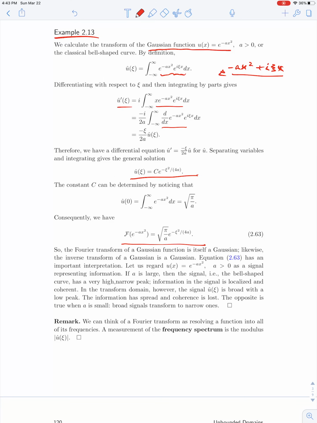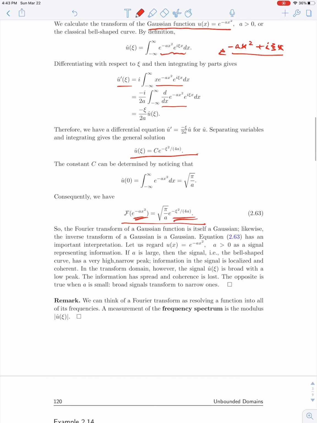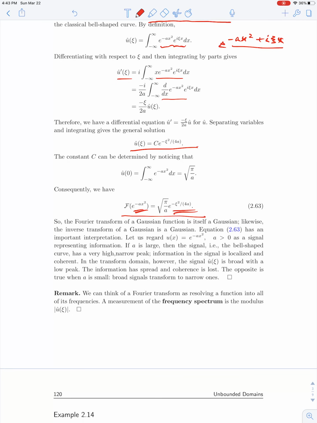So what is remarkable, which is one of the reasons why the Gaussian function is so useful, is that the Fourier transform of a Gaussian function has a form where the right-hand side is also a Gaussian function, but with different constants. That is an important property of the Gaussian function.